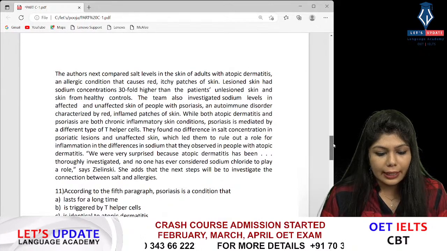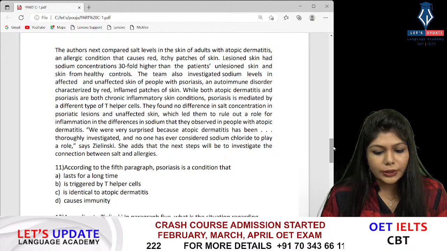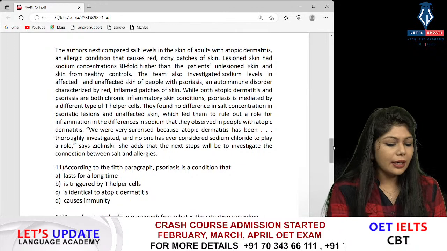Question number 11. According to the fifth para, psoriasis is a condition that... and this is the paragraph. So please read the paragraph.